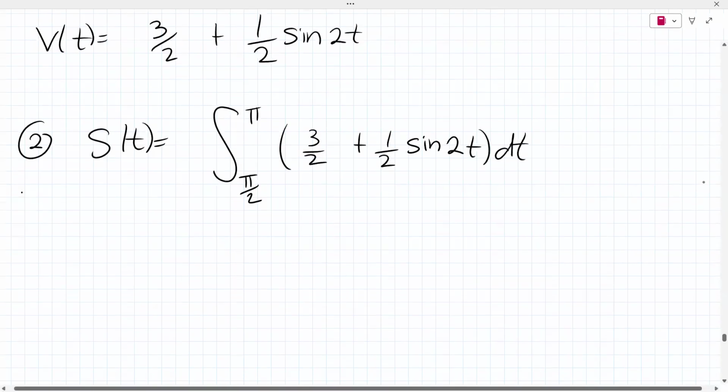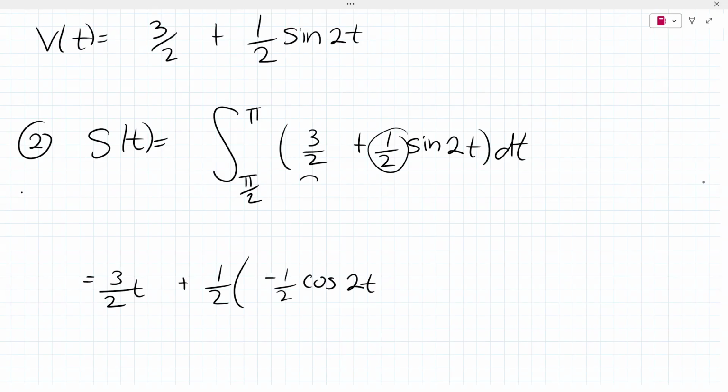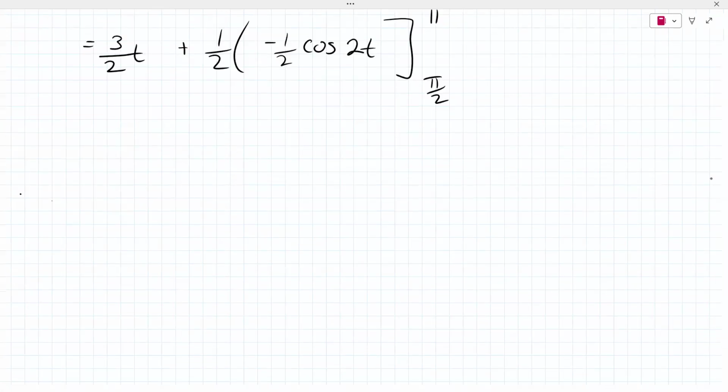Okay, so then what I would do next is take the integration. So the integration of 3/2 is 3/2 t. The integration of 1/2 sine of 2t is, so 1/2 is a constant, so it's going to be 1/2, and then a negative 1/2 cosine of 2t from the boundaries pi over 2 to pi.